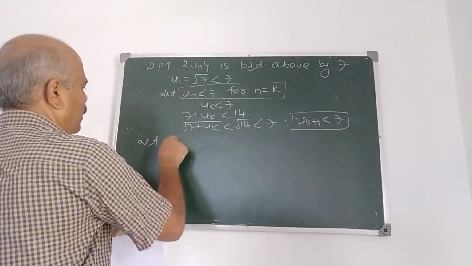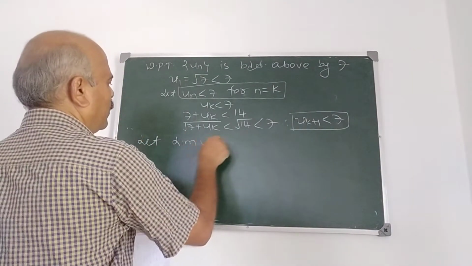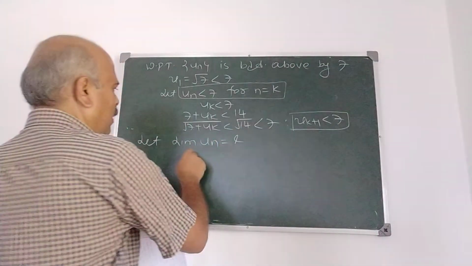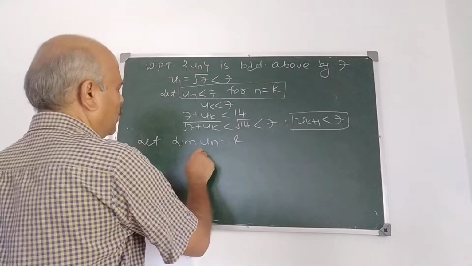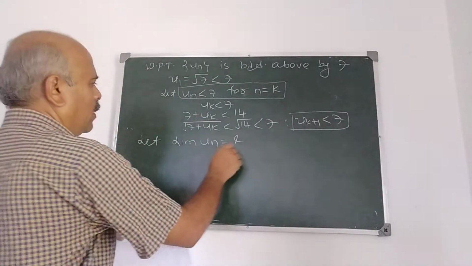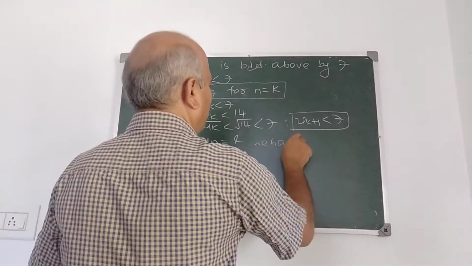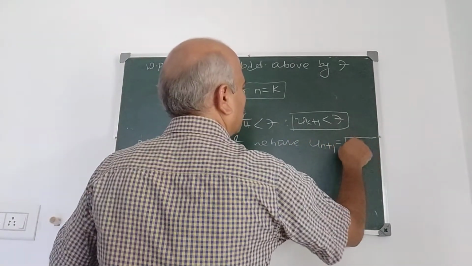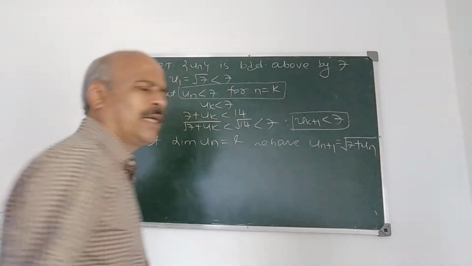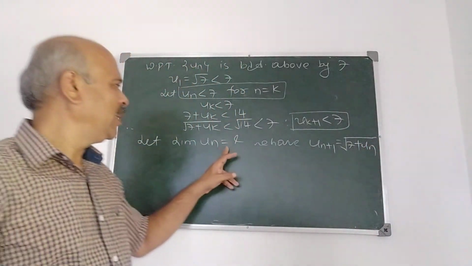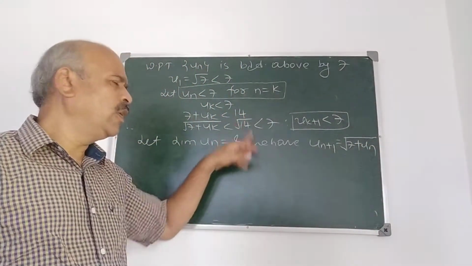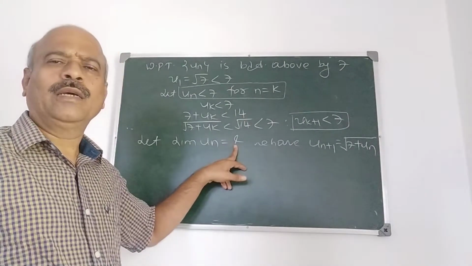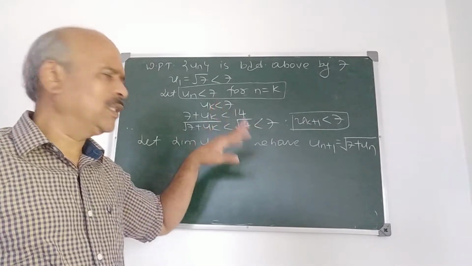Let limit u_n be L. What is given? We have u_{n+1} is root of 7 plus u_n, correct? Suppose limit u_n is L. What do I have to prove now? This L is given by the positive root of that quadratic equation.